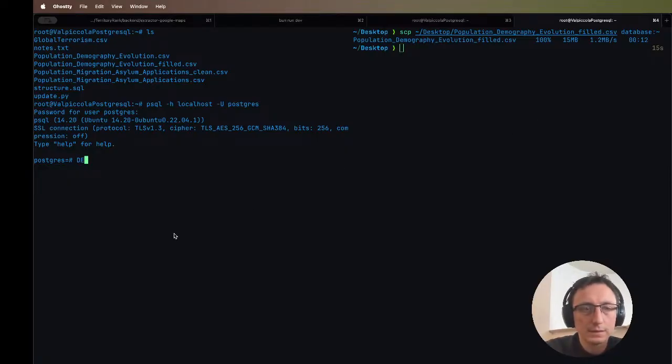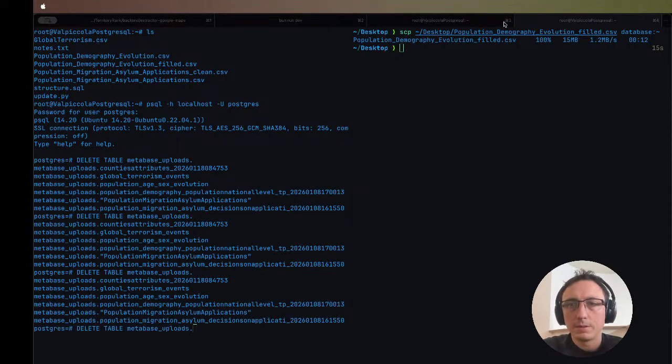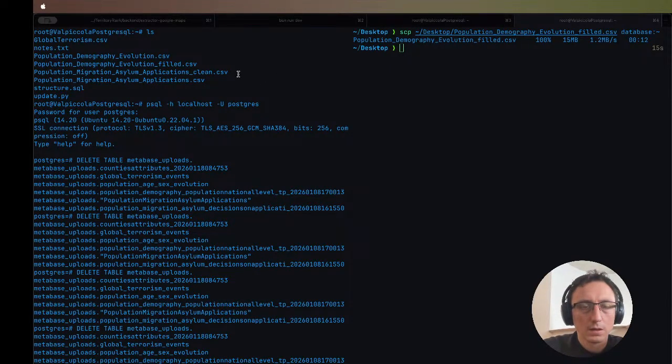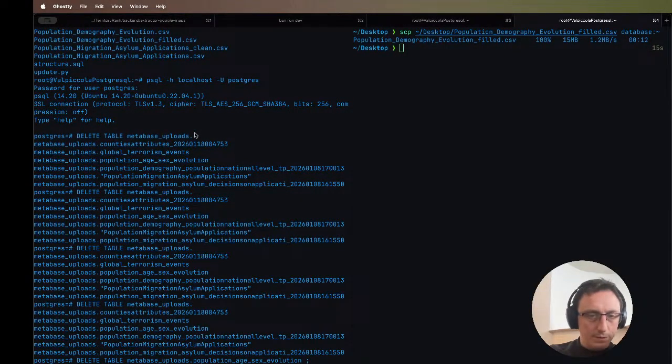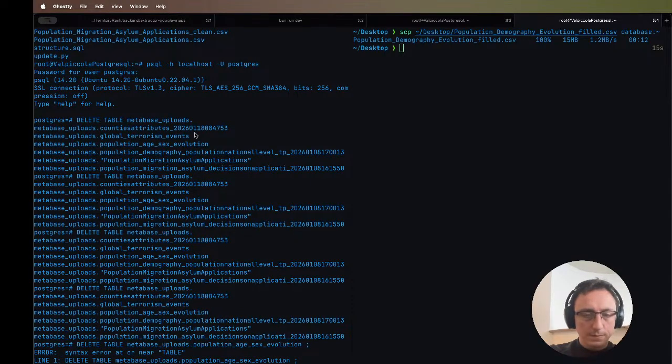Now delete table metadata, uploads, no, sorry, metabase uploads population. Drop table. Exactly.